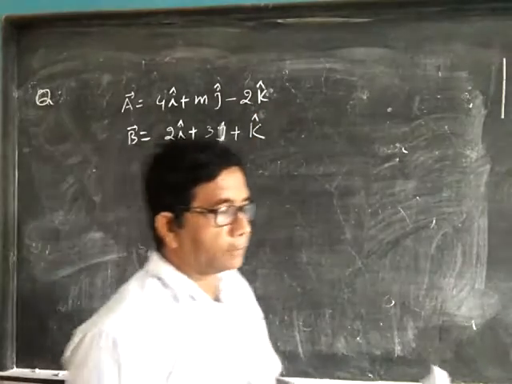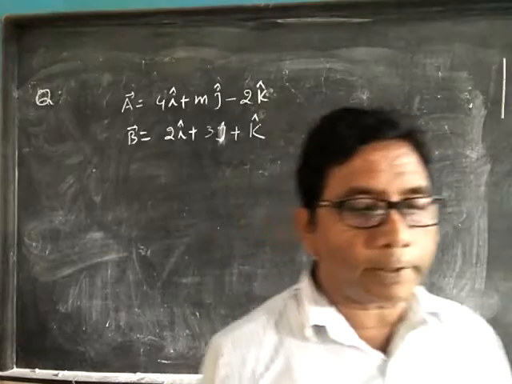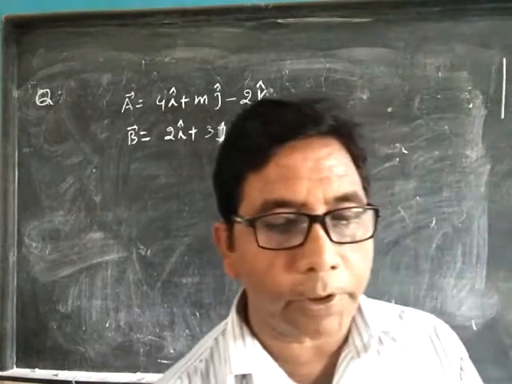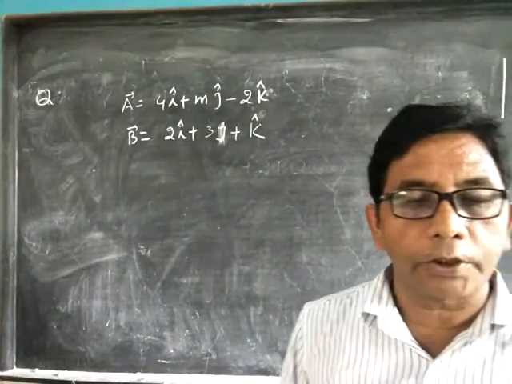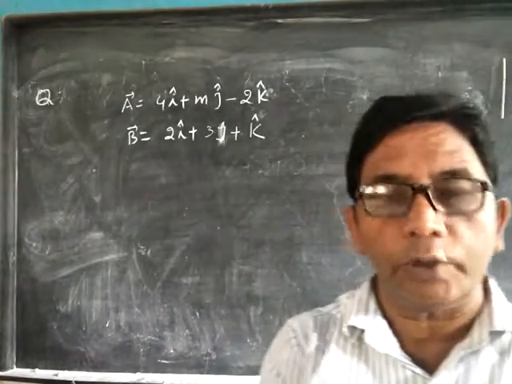Now it is given to determine the value of m so that the vector A is equal to 4i plus mj minus 2k and vector B is equal to 2i plus 3j plus k are perpendicular to each other.